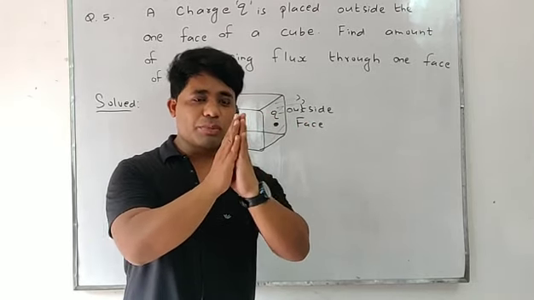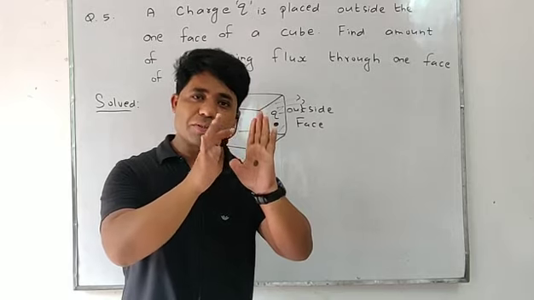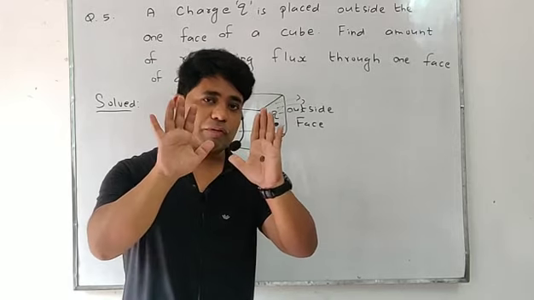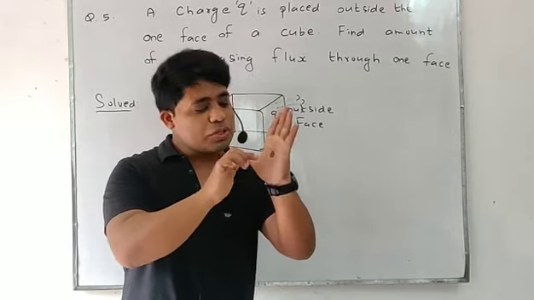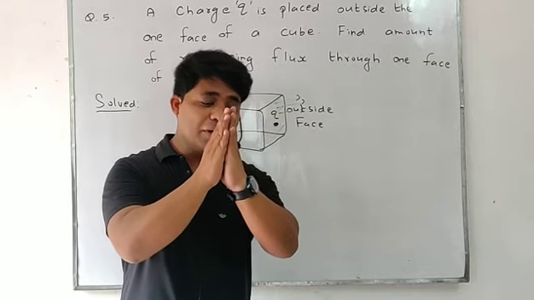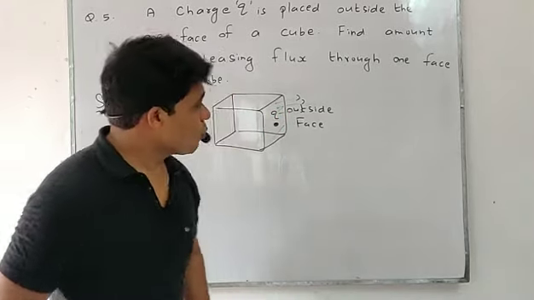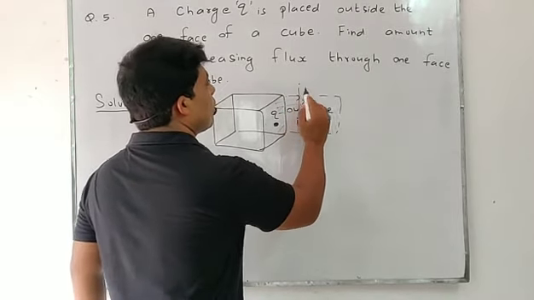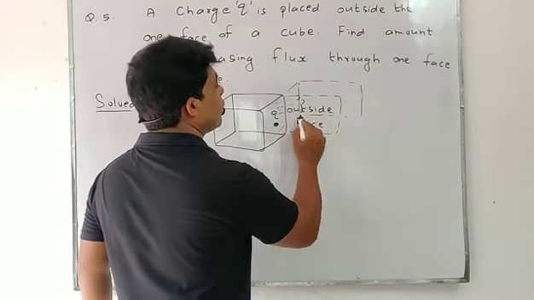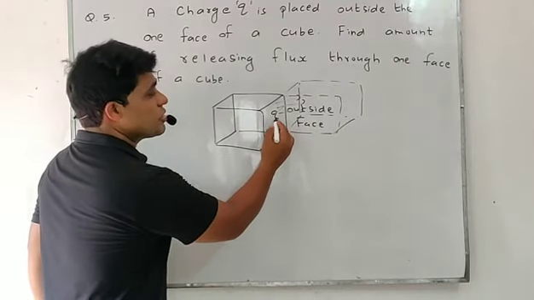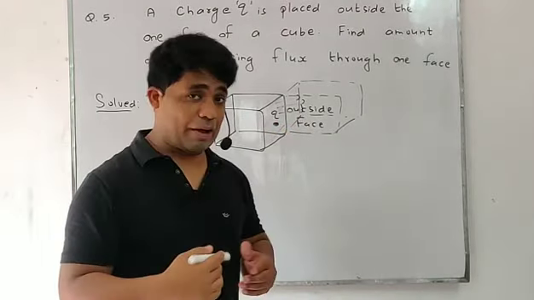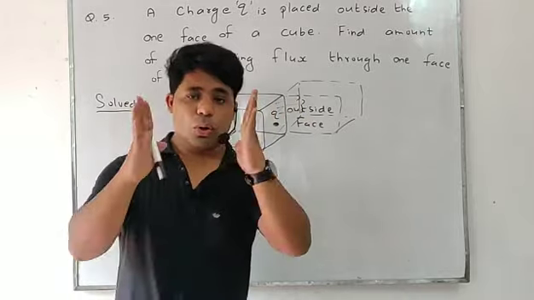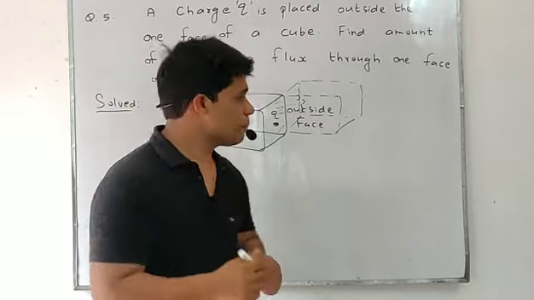So this charge comes between two faces, so it will be closed between two faces. So what we'll do, students, we'll put another cube beside this. Now this charge is closed between two faces.